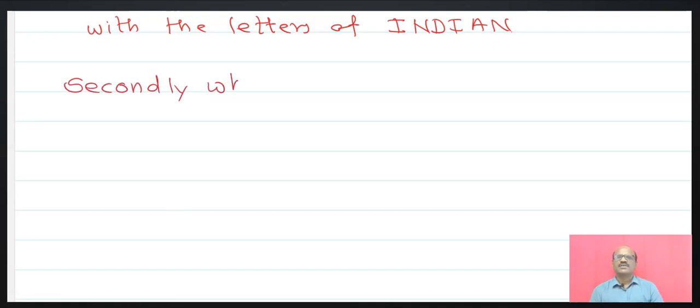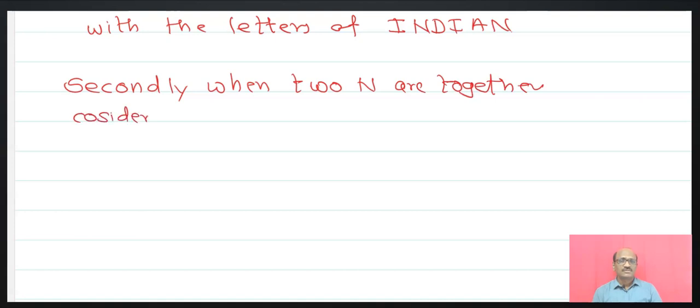Now secondly, we want to say that the two n's are always together. That's a 2n are together. Now consider here 2n as 1 unit, and the remaining. And what are the remaining?